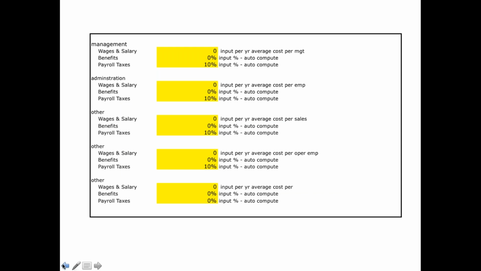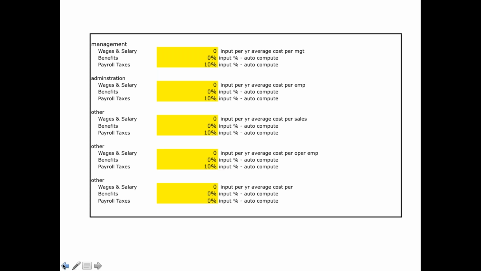Now, we were working this out in class today, and if you're going to pay minimum wage, right now in the United States, it's $7.25 an hour, which works out to a little over $15,000 a year. In Florida, it's $8.25 an hour, so we're looking more at $18,000 a year.